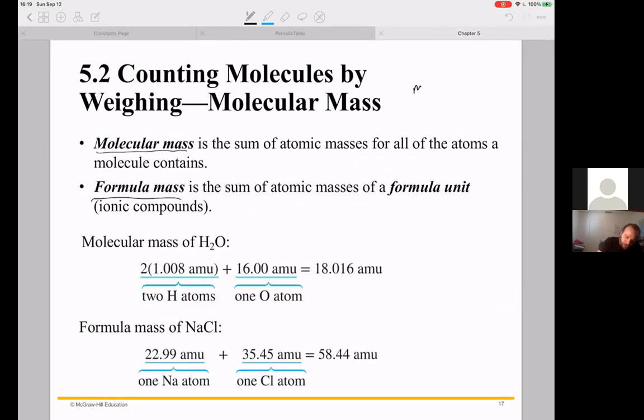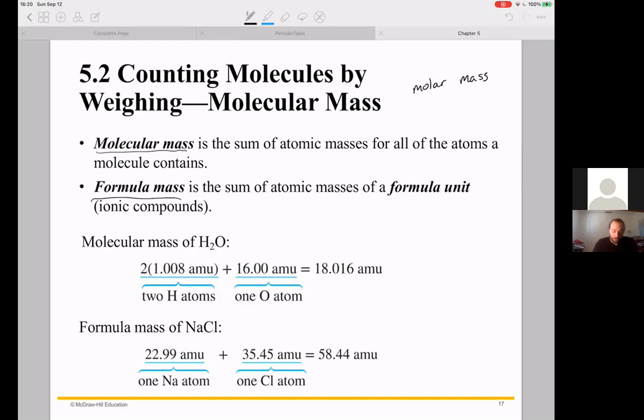We're just going to call them the molar mass, whether it's ionic or covalent. There's no point in having two different terms for it. It's just going to be confusing. Anyways, either of these are going to be considered the molar mass. I guess it's good to know for an ACS exam if they're trying to be tricky, but molar mass is the more commonly used term. So I don't know why they're trying to do that for us.